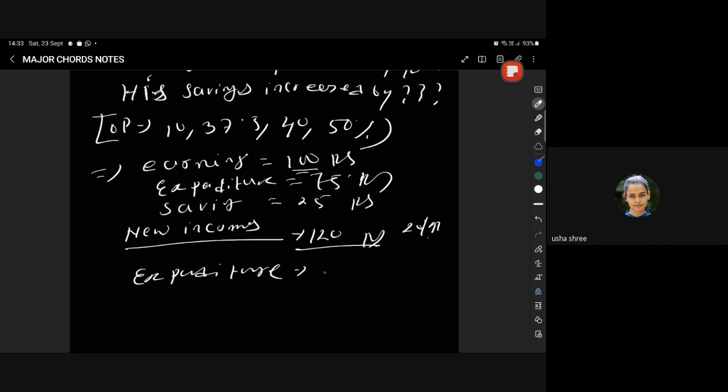Previously it was 75, but 10% more of 75. 75 plus 75 into 10 by 100. It will be 82.5 rupees.